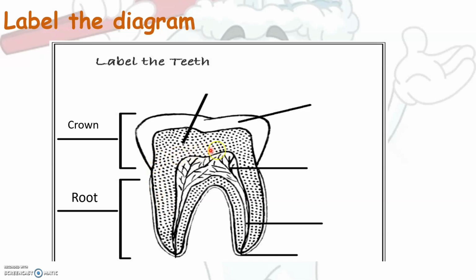The part that forms the main part of the tooth is called dentine. And the outer white covering is called enamel. And the center part of the tooth, as you see, is called pulp. And pulp also has blood vessels and nerves.